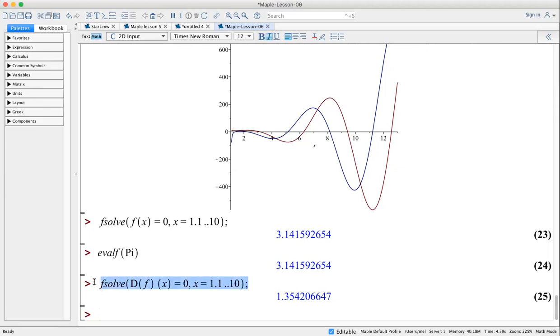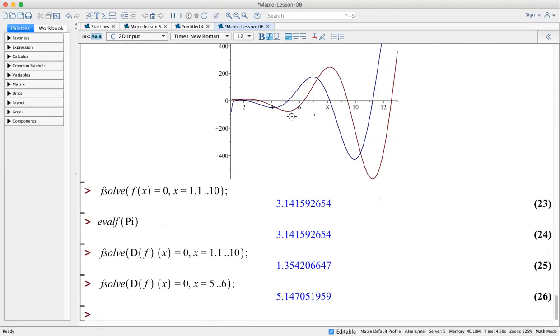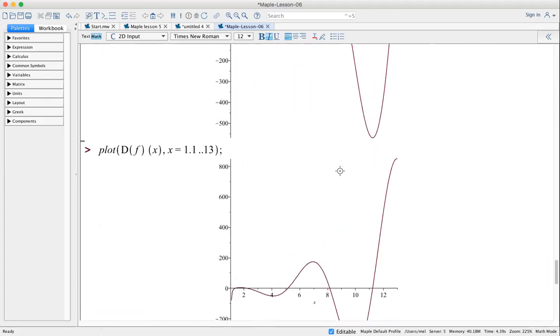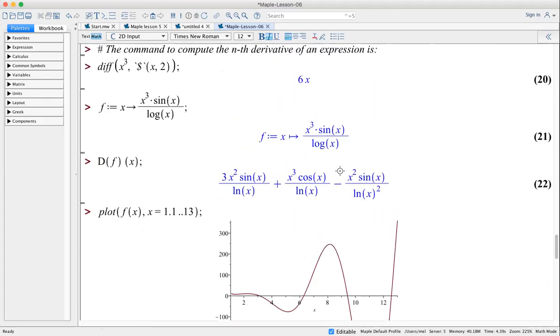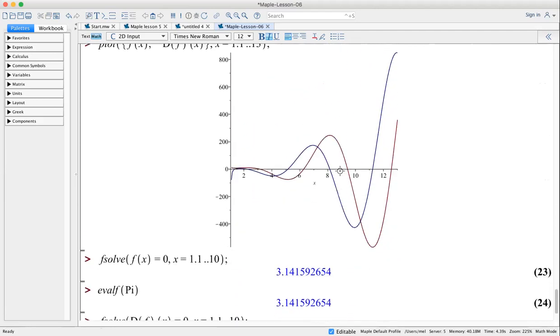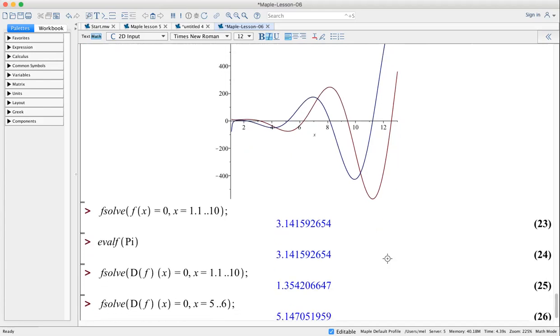Let me look for that zero. Yeah, 5.1. And here, there are lots of zeros. And in calculus, you know, or you'll learn, or you'll remember, to understand the graph of a function, it's important to know the critical points where the derivative is 0 and the inflection points where the second derivative is 0. So we'll have more with that shortly.